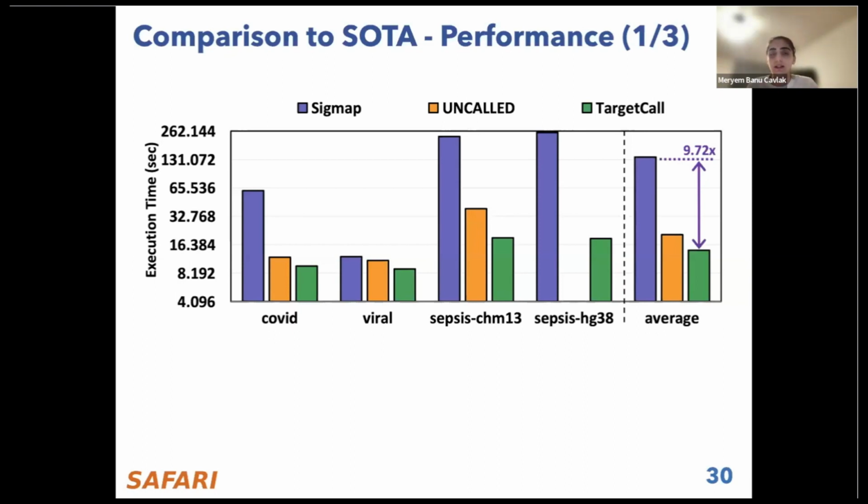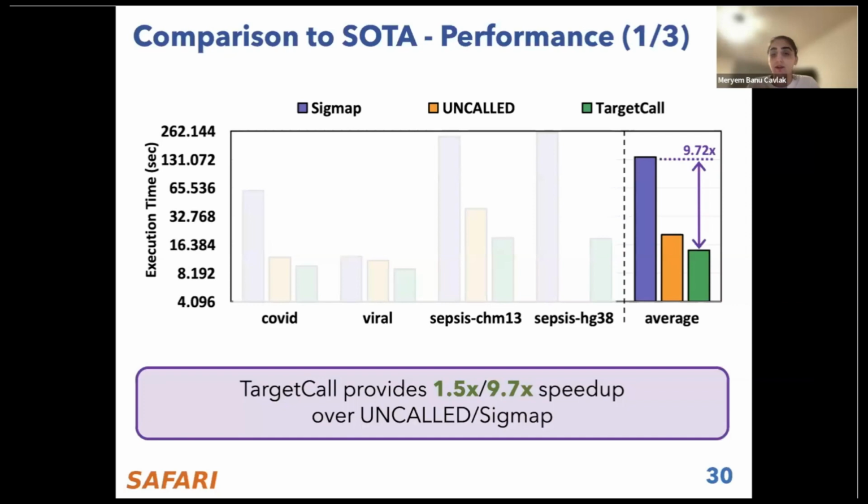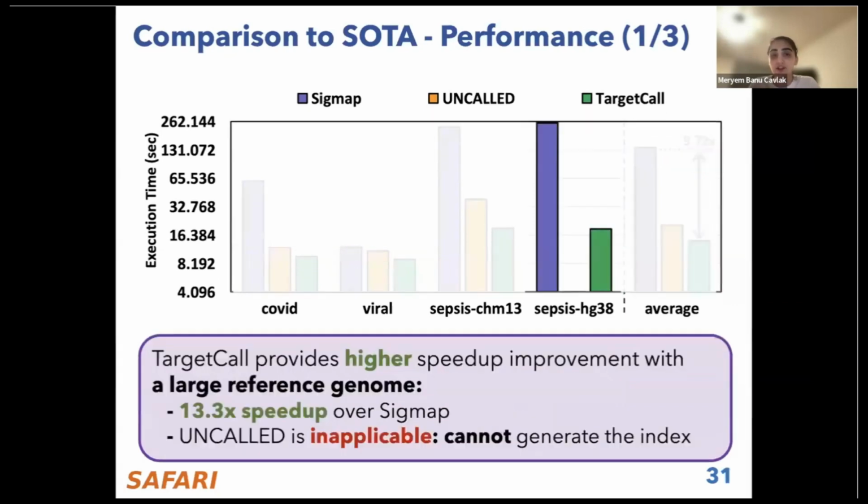The first one is the execution time, where we compare the filtering time of these tools as well as the base calling time of the reads that pass the filters according to these different mechanisms. And our first observation is that TargetCall can provide up to 9.7x speedup over prior tools on average.